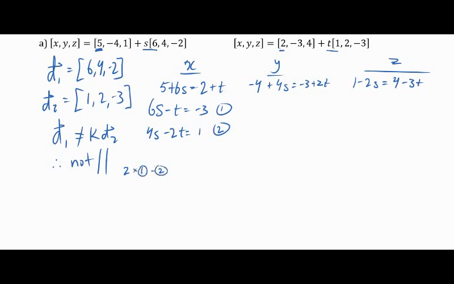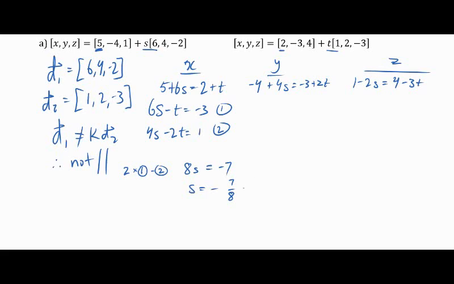So I'm going to eliminate the t's, in other words. So that's 12s minus 4s, which is 8s, negative 2t minus negative 2t, so that's 0. And negative 6 minus 1 is negative 7, so s is negative 7 over 8.